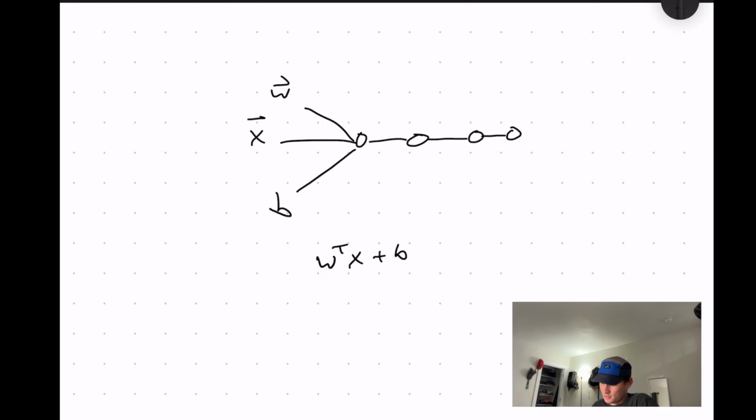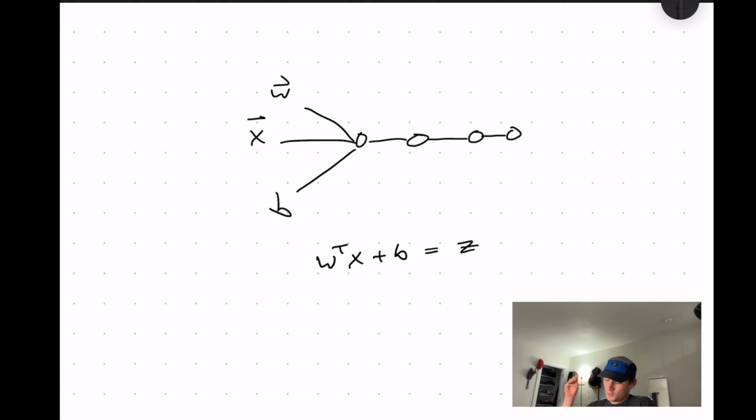This was what we had for linear regression, and that's just a way to predict some number. And so this is our old value, and now we call it z. And we're going to use this the whole time, so this is not random.